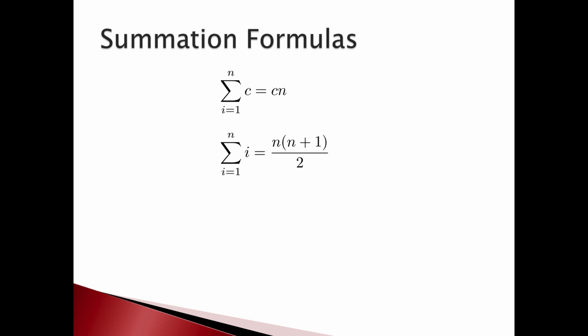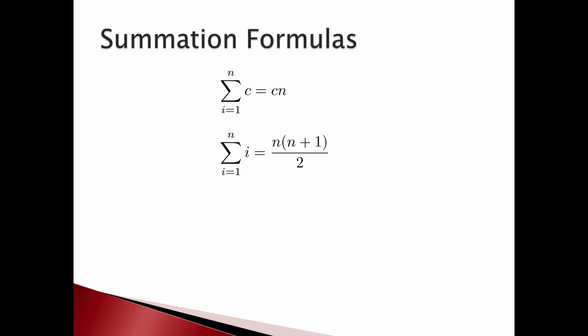I grab 2 and 99. Oh, wait a minute, 2 and 99 is also 101. Then grab 3 and 98. That's 101 also. See what's happening? Then we grab 4 and 97. That's 101. 5 and 96.